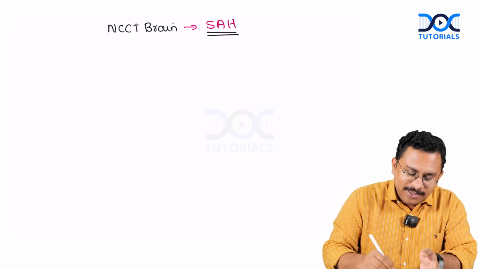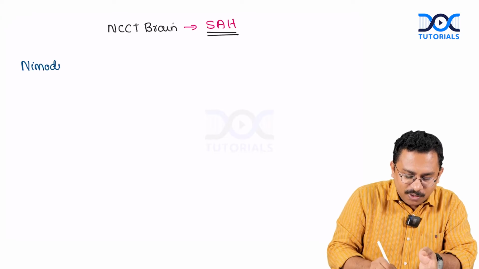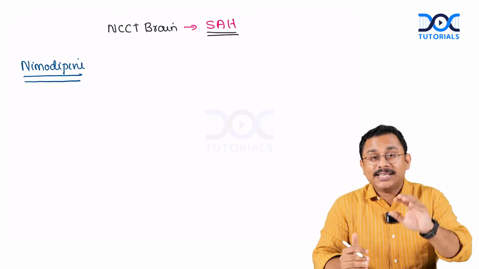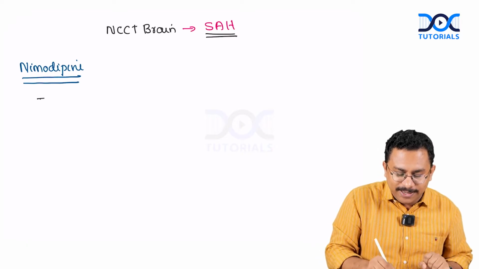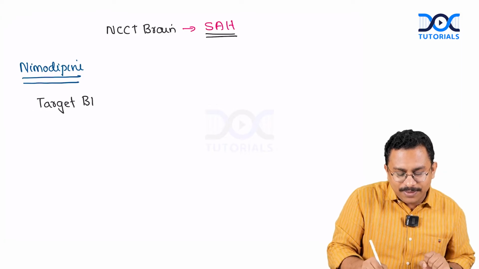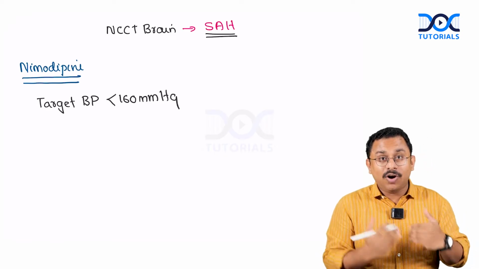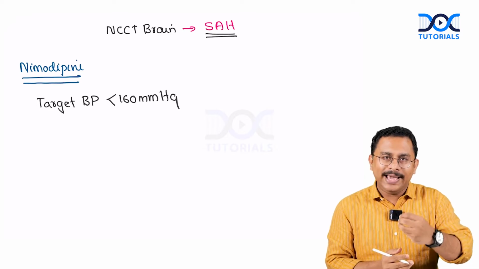Yes, you will give pharmacological measures as well. And you know that nimodipine is a cerebroselective calcium channel blocker. The purpose of nimodipine in subarachnoid hemorrhage is not just to reduce the BP. Yes, the guideline says that you've got to keep the target systolic BP less than 160 mmHg, and nimodipine will help in that.